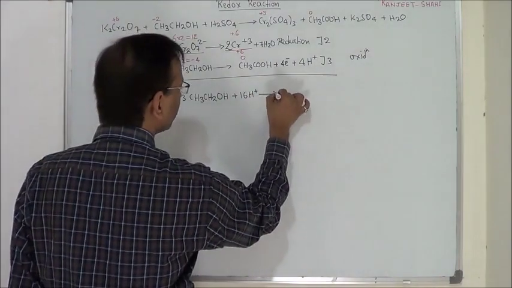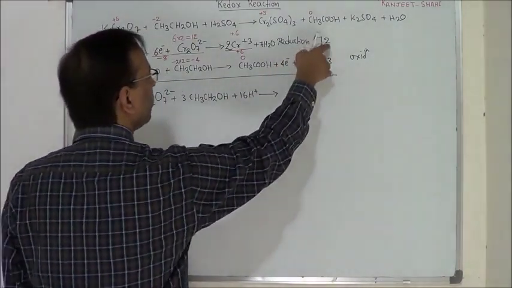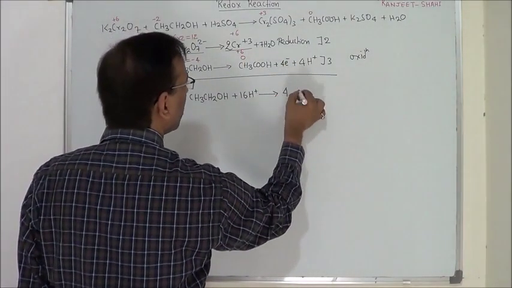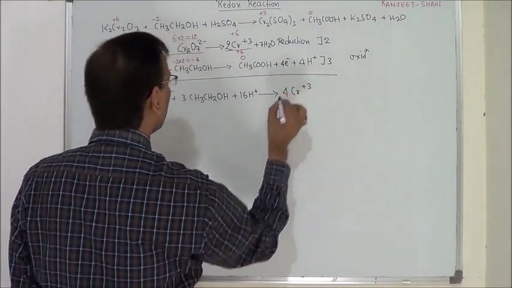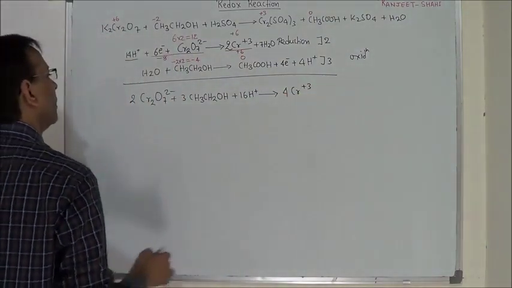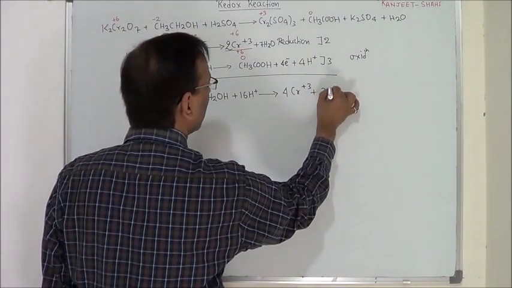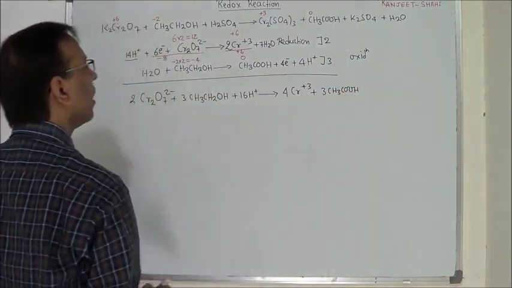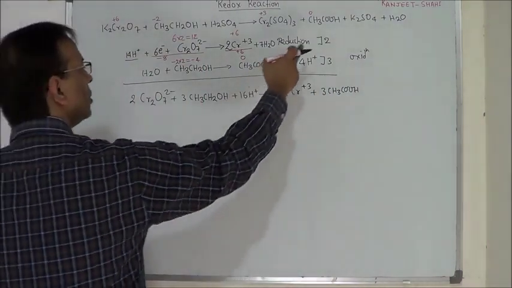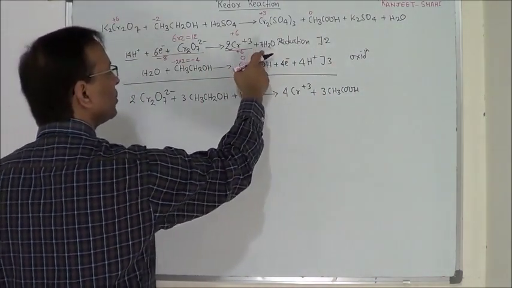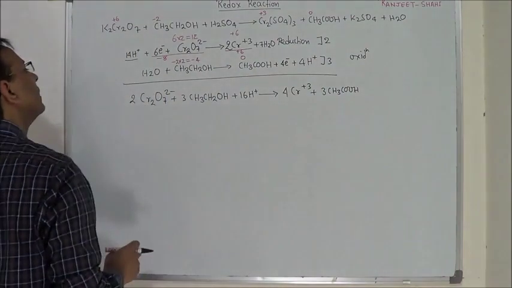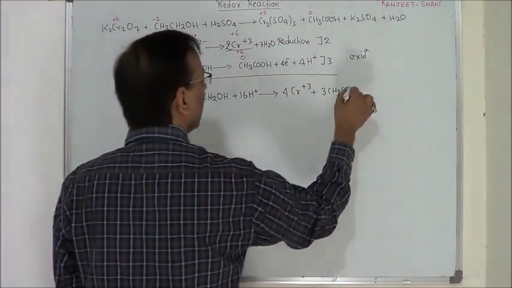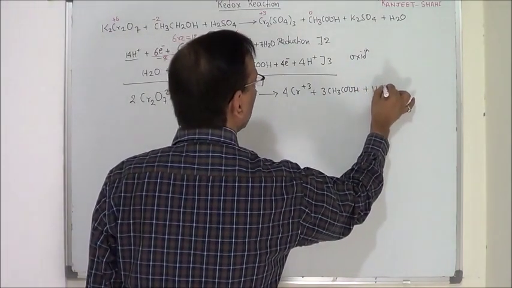On the right side, there will be 2 into 2, 4, Cr plus 3, 3 acetic acid, and 2 into 7, 14, 3, so 14 minus 3, 11 H2O.